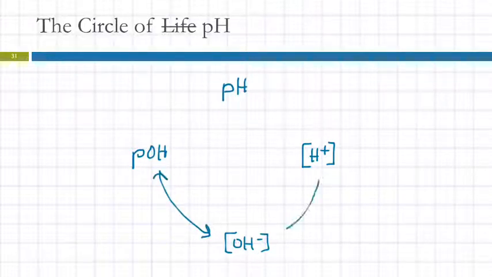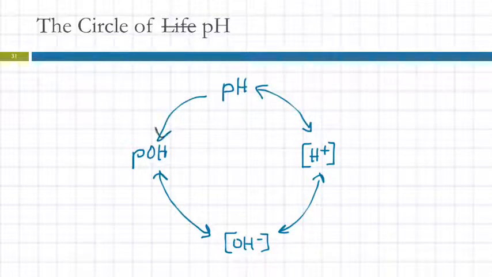So these are the four quantities that we've been messing around with, right? They are all related to each other. You can convert between pH and hydrogen ion concentration. You can convert between hydrogen ion concentration and hydroxide ion concentration. It's trickier to go from pH to hydroxide ion concentration in one step.